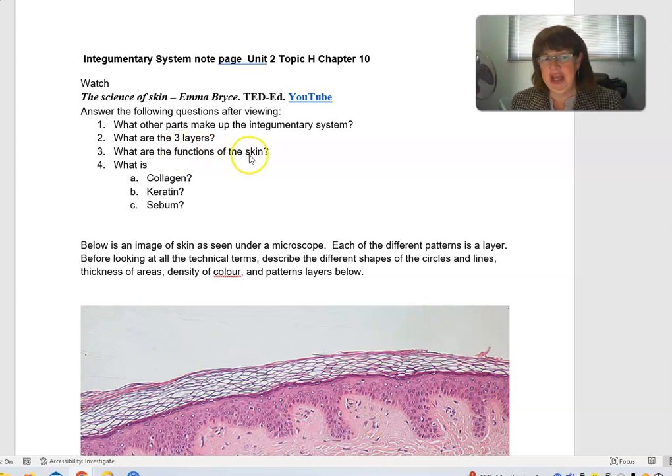Now, when we look at the three layers, so you've got epidermis, dermis, and hypodermis, then the functions of the skin were laid out in the video. And the functions of the skin talk about many things. Regulating body temperature, getting vitamin D, and then the obvious ones like keeping us all together and separating us from the environment.